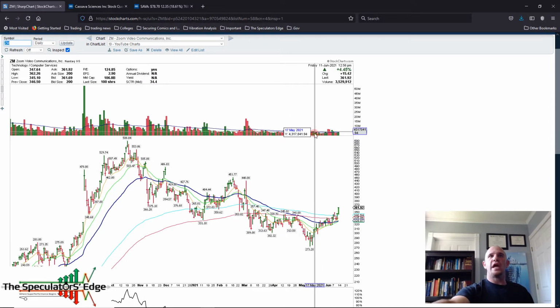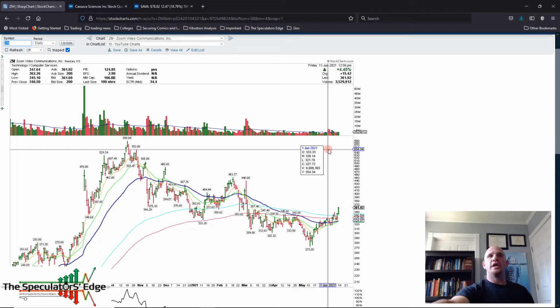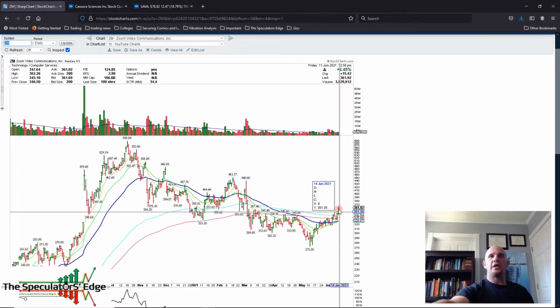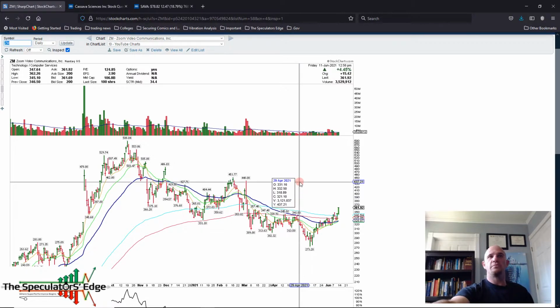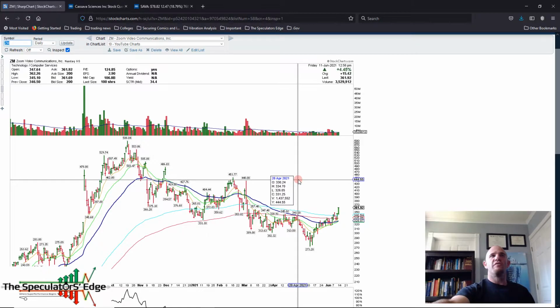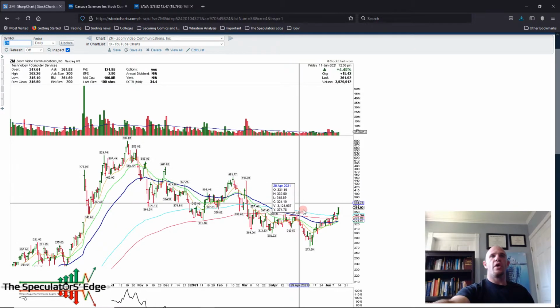But other than that, we do have some decent demand coming back in here. So it does soak up all this supply right here today. So this stock could possibly keep getting a move on. It could get a move on even higher, maybe up to 440, 450 level, somewhere around there.